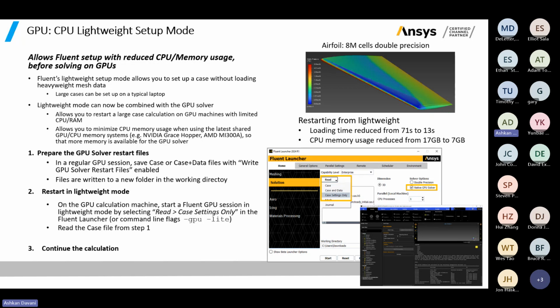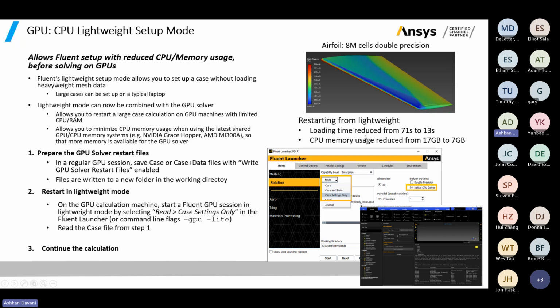This way, Ansys had some simulations which reduced the loading time around 5 times, from 71 seconds of loading to 13 seconds. Another beauty of this is reducing the memory usage.